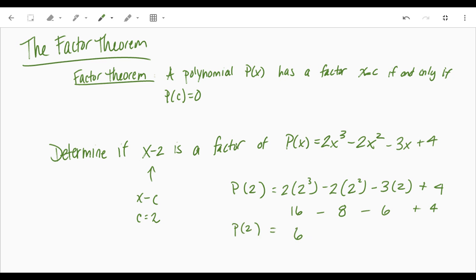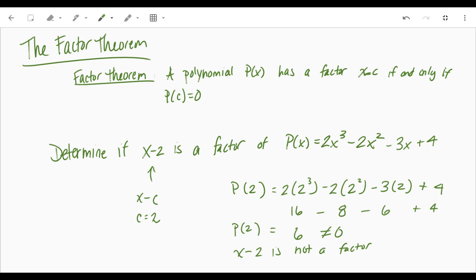P of 2 is 6. It's not 0, so x minus 2 is not a factor. It also tells you that if you were to divide P of x by x minus 2, the remainder would be 6.